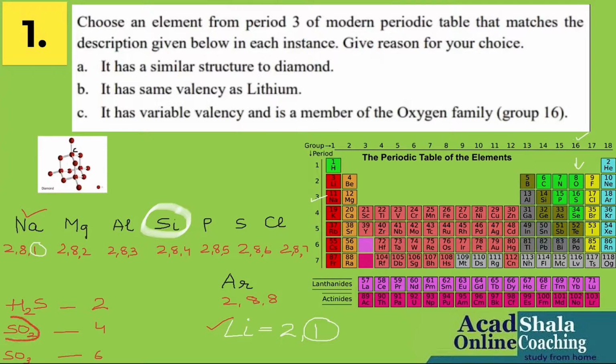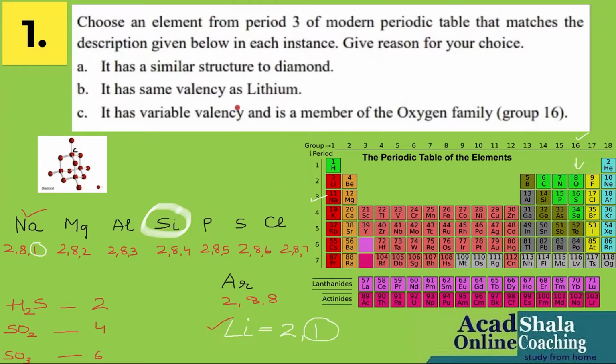When it is SO2, the valency of sulfur is 4. When it is SO3, the valency of sulfur is 6. So we came across that it is only and only sulfur from group 16, that is the oxygen family, which has a variable valency.